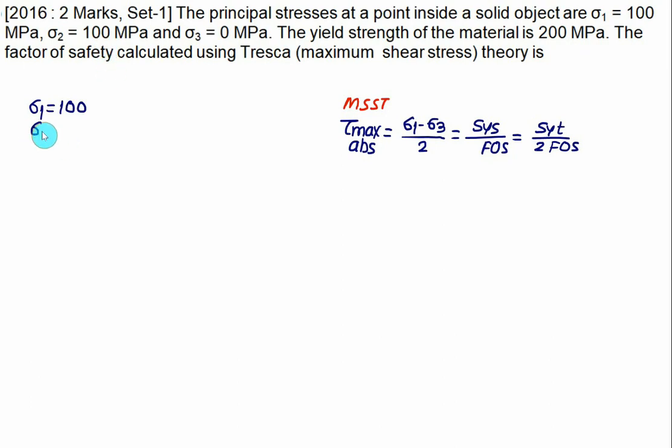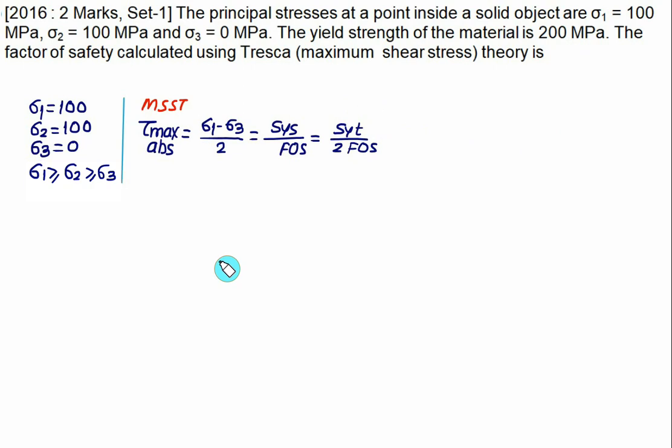So we assign sigma 2 equal to 100 and sigma 3 equal to 0. Already this is arranged: sigma 1 is greater than or equal to sigma 2 is greater than or equal to sigma 3. So all values are known, and we can directly apply the given equation.